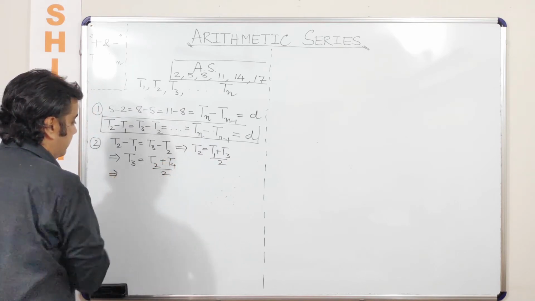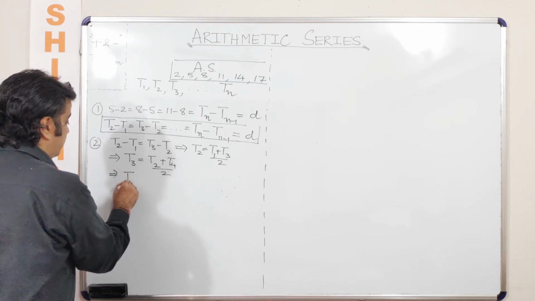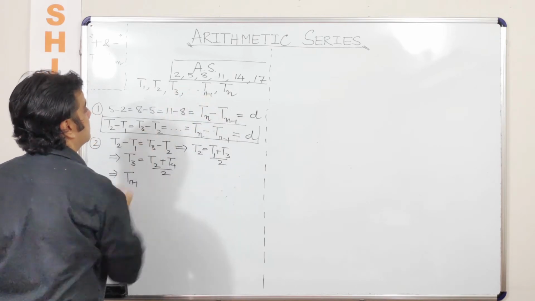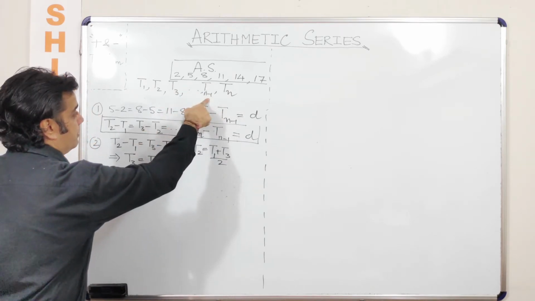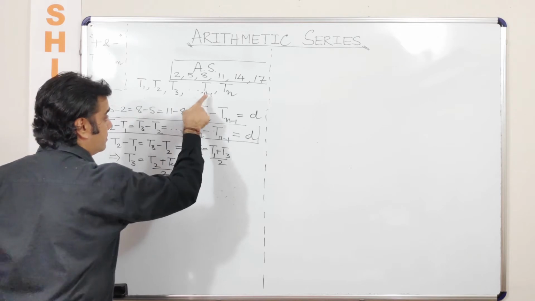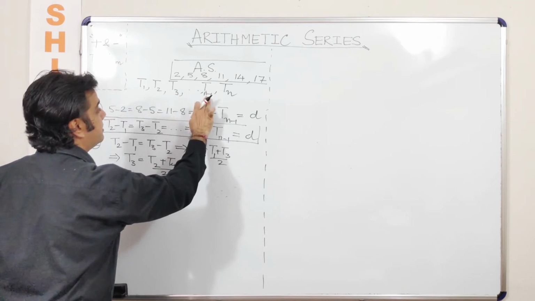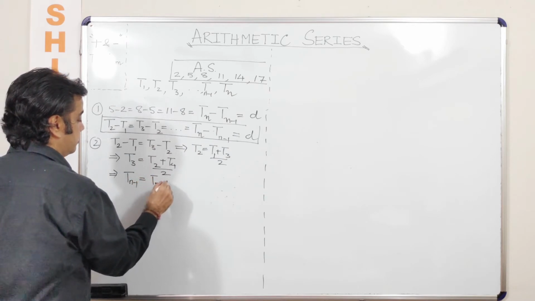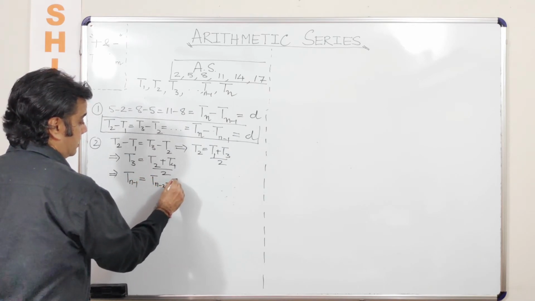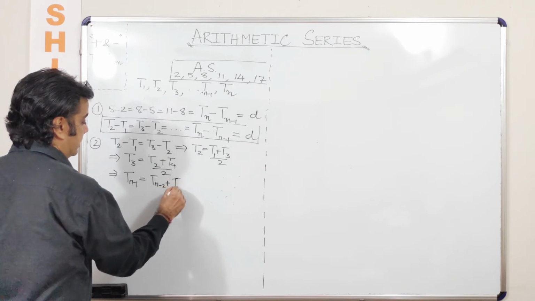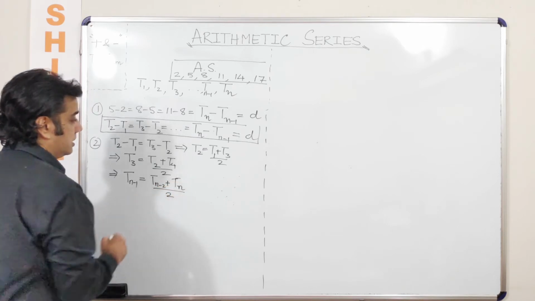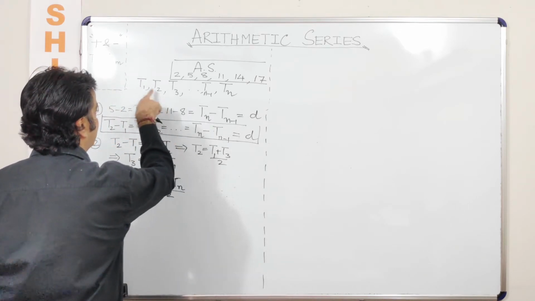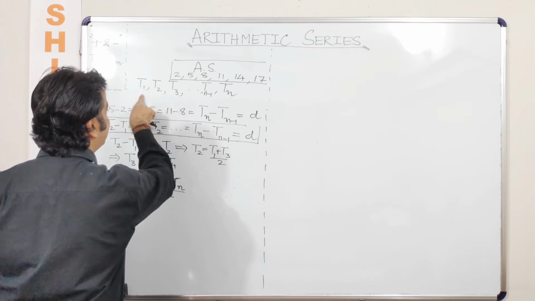Analogously, now I can say the n minus 1th term, that means the term just before this, will be the term before this and the term just after this, which is just like saying the n minus 2th term plus the nth term divided by 2. So now what is this? You can say that the second term is the arithmetic mean of the immediate terms.